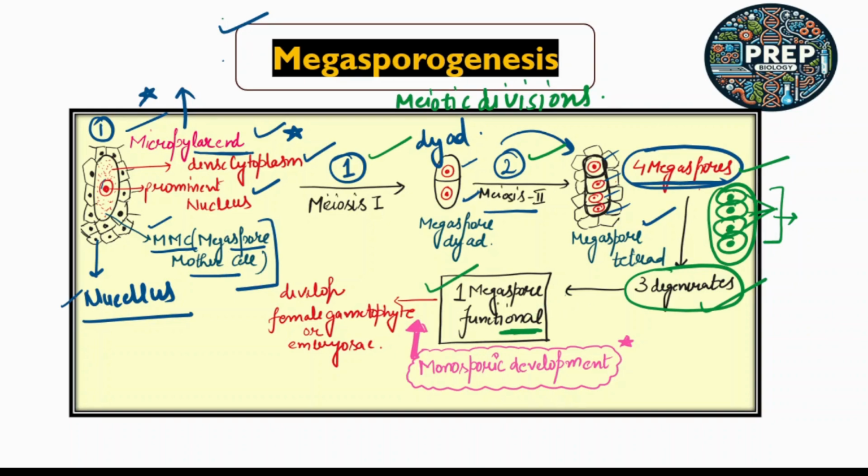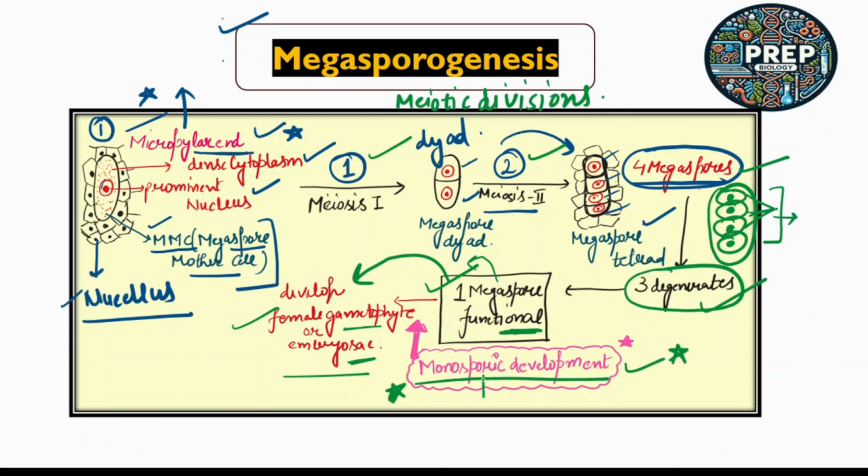Okay, so that 1 megaspore then further develops into the female gametophyte or embryo sac. Here one term is very important: the development of the female gametophyte or the embryo sac from only 1 megaspore, a single megaspore, is called monosporic development.